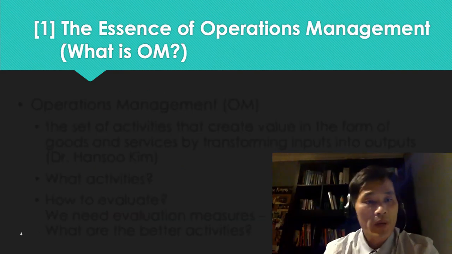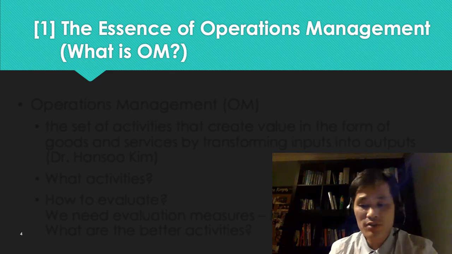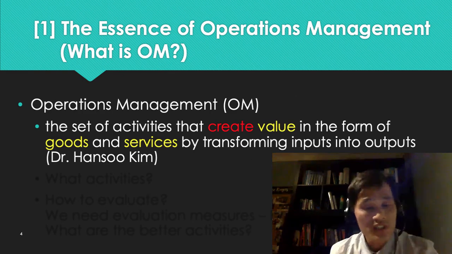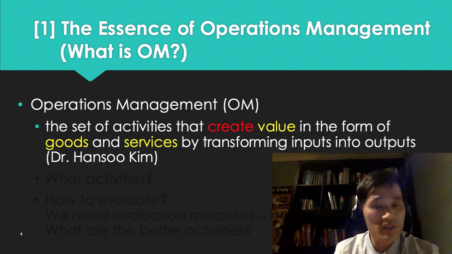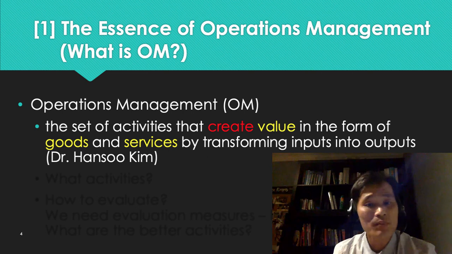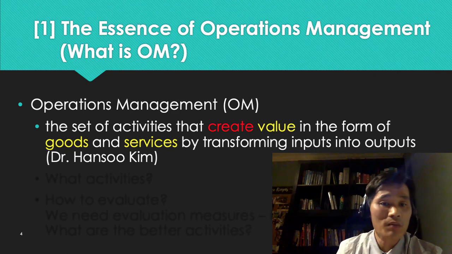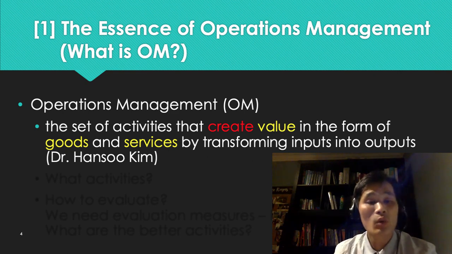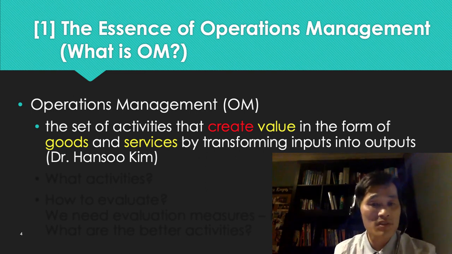So now let's go back to the essence of operations management. What is operations management? Again, it is a set of activities that create value in the form of goods and services by transforming inputs into outputs. I would like to emphasize that operations management can be understood as the process of putting all the inputs and transforming them into goods and services.